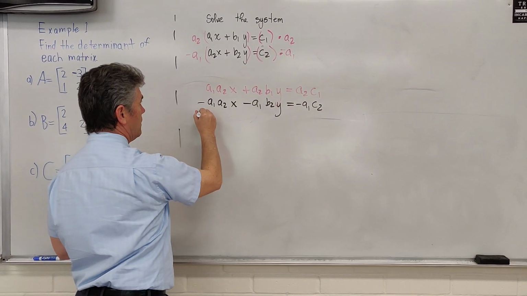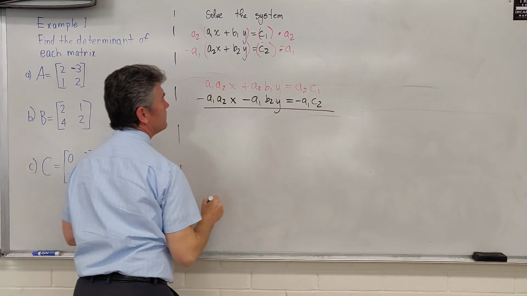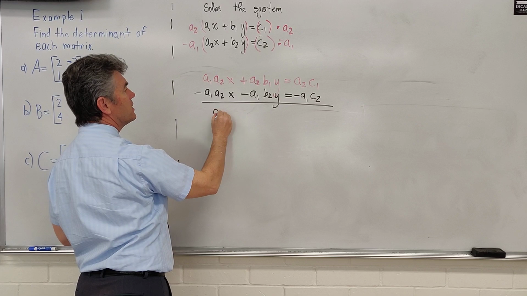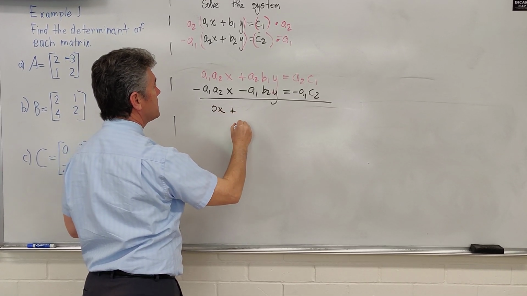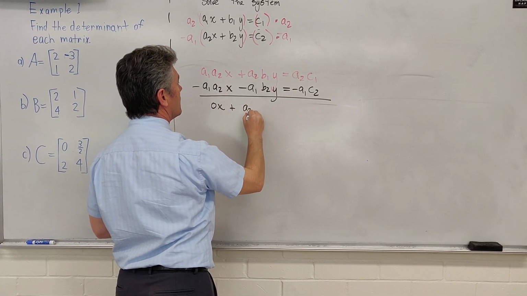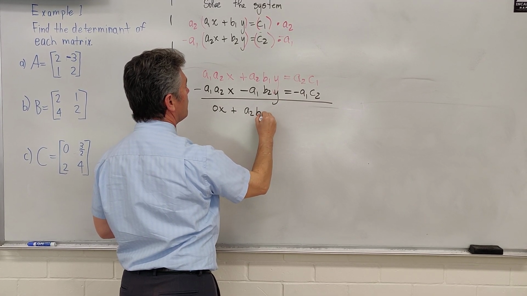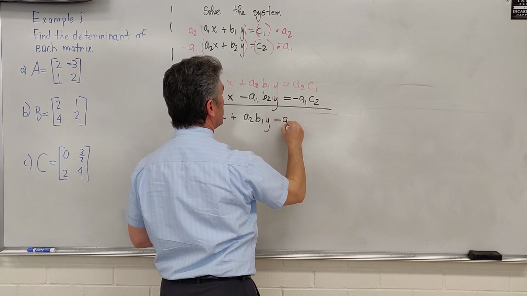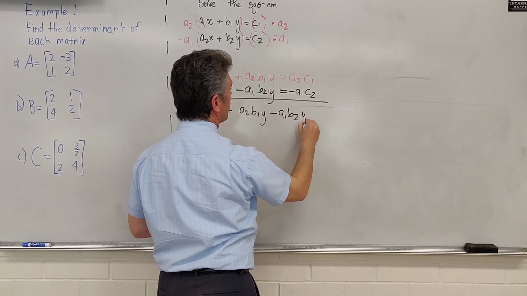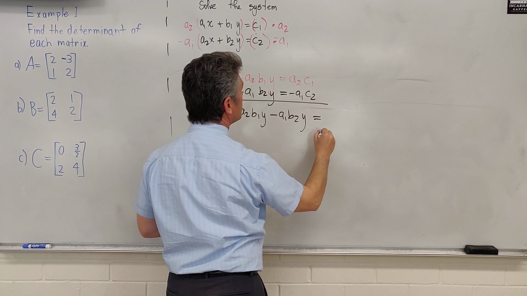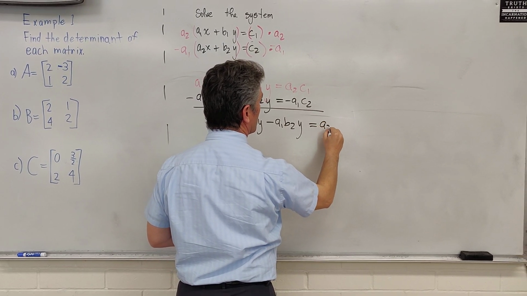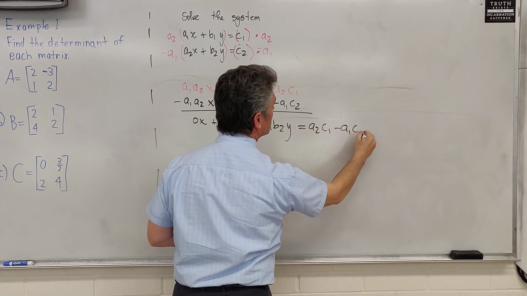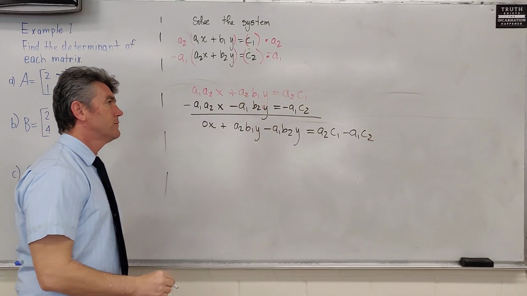We're going to add those two together. And so you can see that the x's are gone. We get 0x plus a sub 2, b sub 1 y minus a sub 1, b sub 2 y is equal to a sub 2, c sub 1 minus a sub 1, c sub 2.